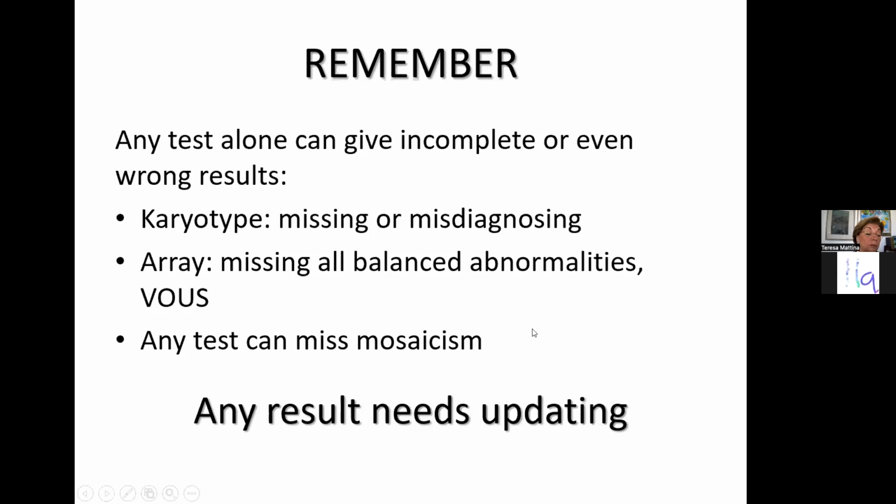So the test should be completed, and any result needs updating. If there is a new technique, it should be taken into account to see if it gives more information.